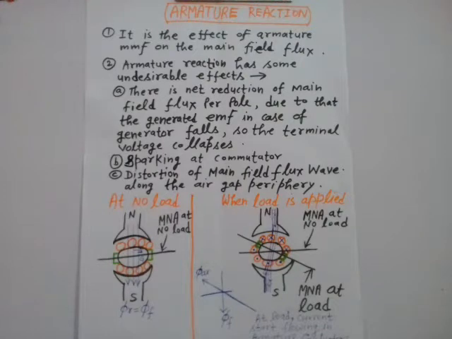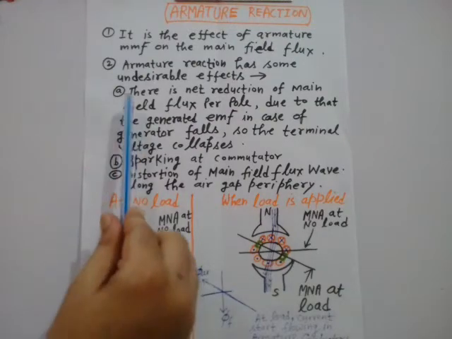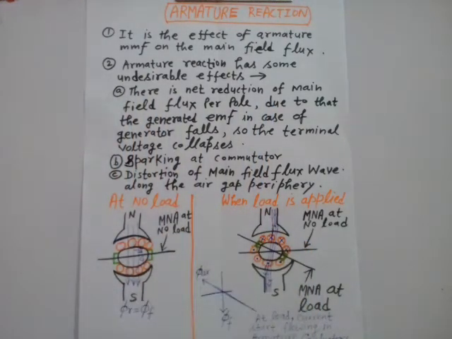Why will it reduce? Because the generated EMF will reduce. Why will the generated EMF reduce? Because the net main field flux per pole reduces. So this is the first undesirable effect of armature reaction. We will discuss it further.